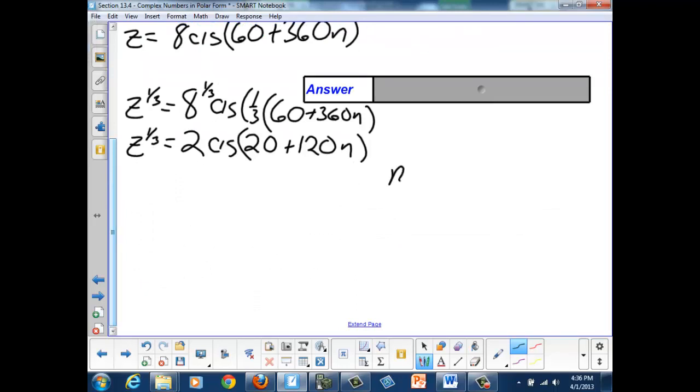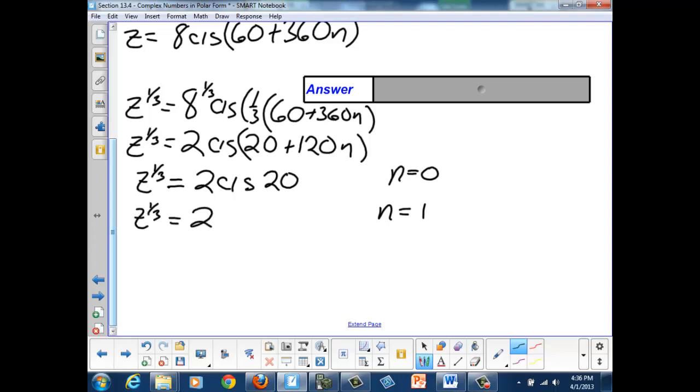So let's see if we can find specific solutions now that we have this expression for z to the 1/3. If I let n be 0, then my first cube root of z is 2 cis 20. If I let n be 1, I find that coterminal angle, then z to the 1/3 will be 2 cis 20 plus 120, or 140. And if I add another 120, so n equals 2, then I get 2 cis 260.